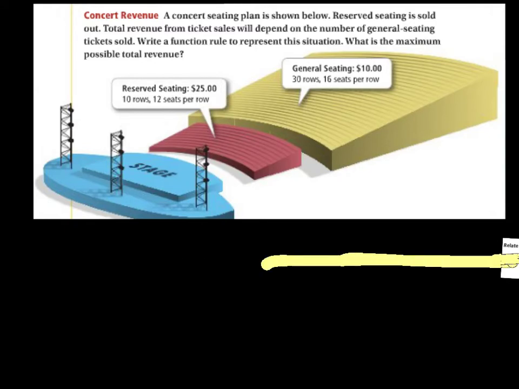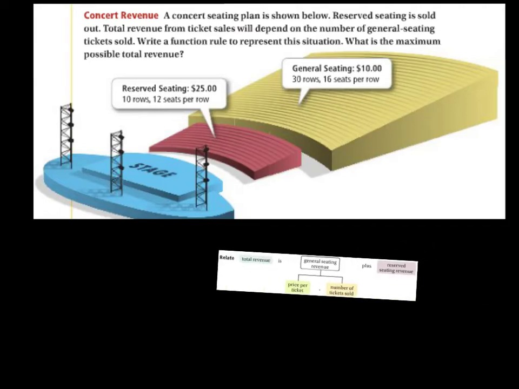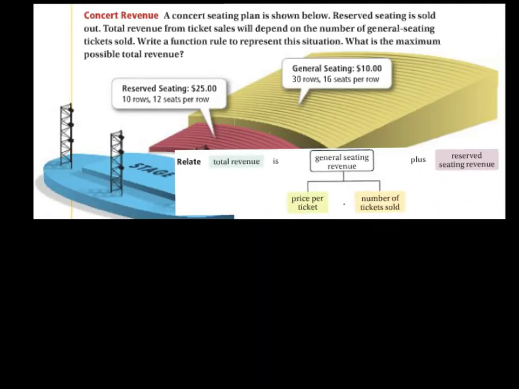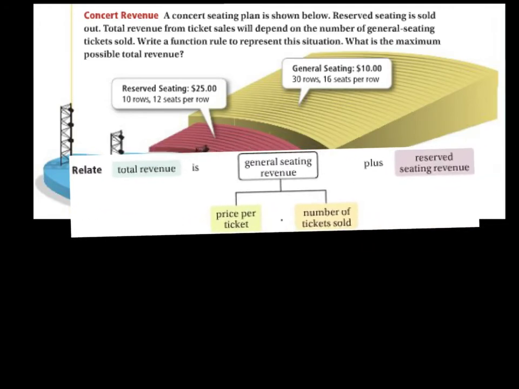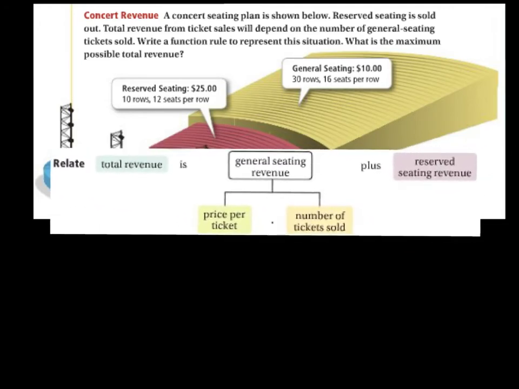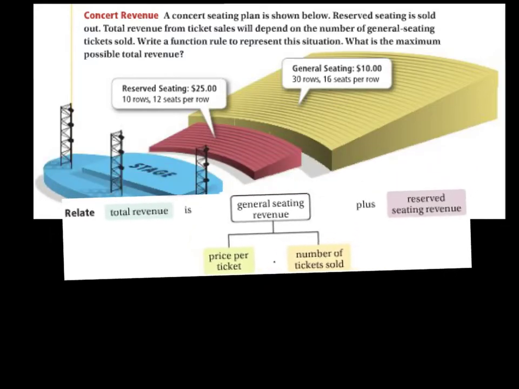Sorry about that. Okay. So here's what we're going to take this information. So the total revenue, or how much is made, is the general seating plus the reserve seating together.